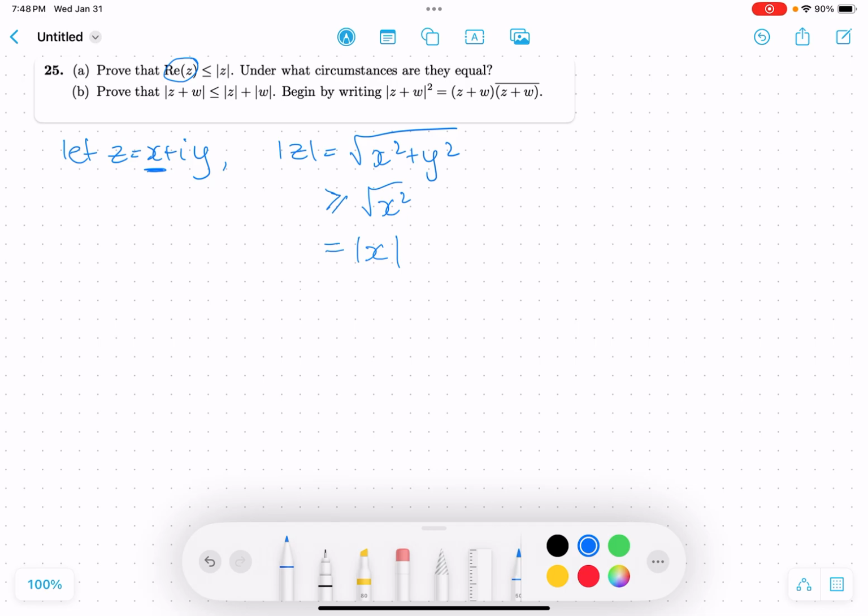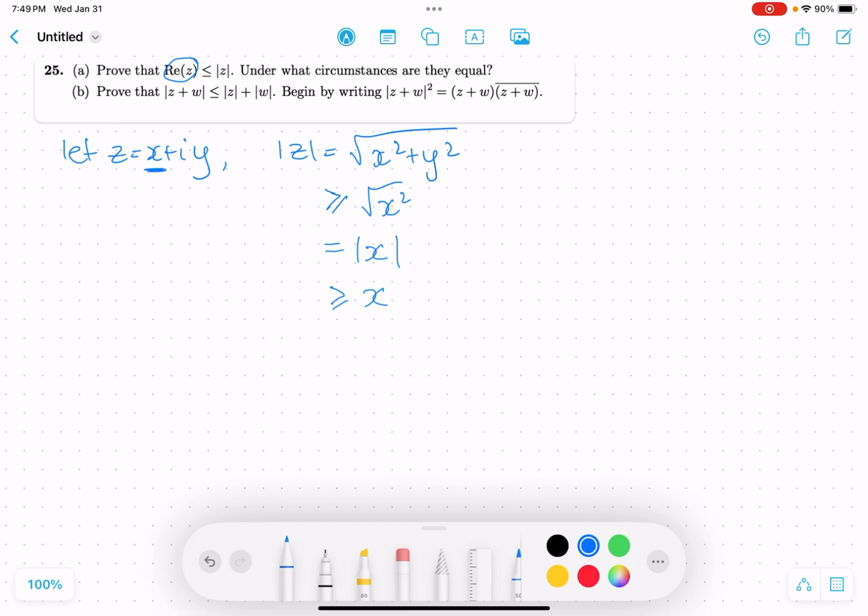Now mod x, so now we've just got x, which is what we want. Mod x is just taking the length, so it's the positive. So it's going to be either equal to or greater than. If x is negative, mod x is going to be greater than x. But if x is positive, mod x will be equal to x.